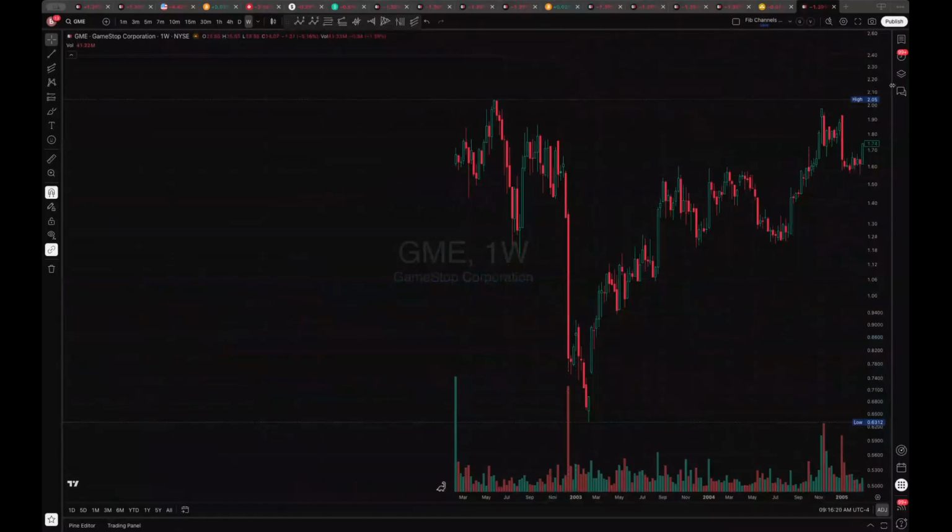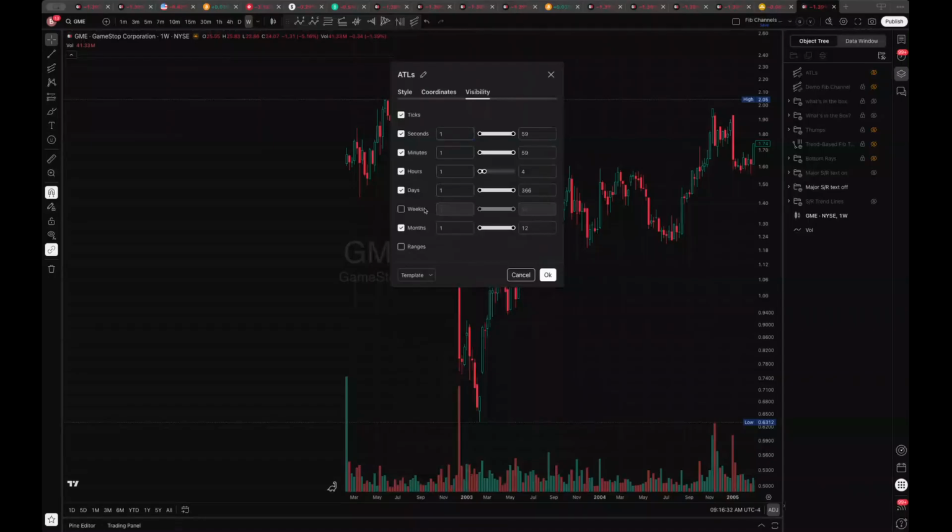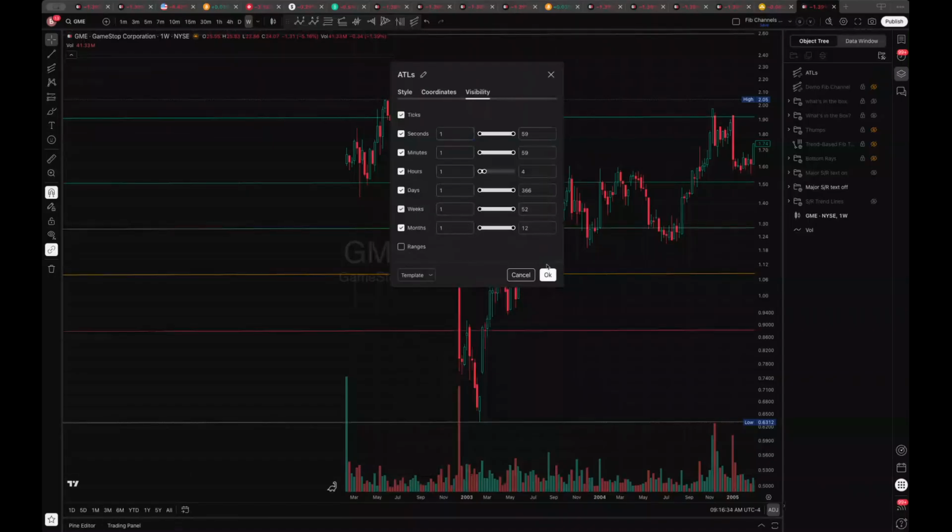Now if I switch to a weekly, I'm going to rename that fib channel all-time lows and make it visible on the weekly chart.